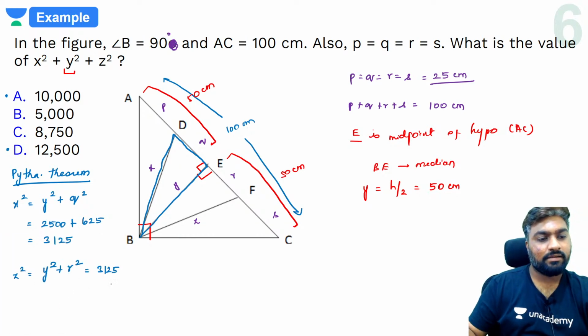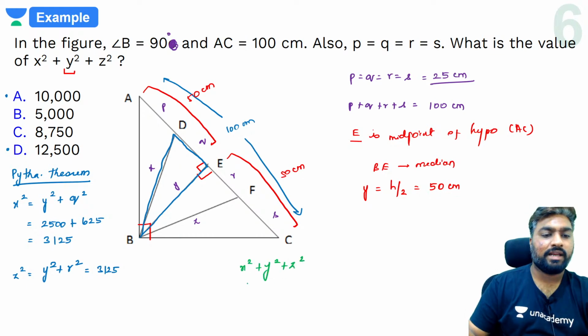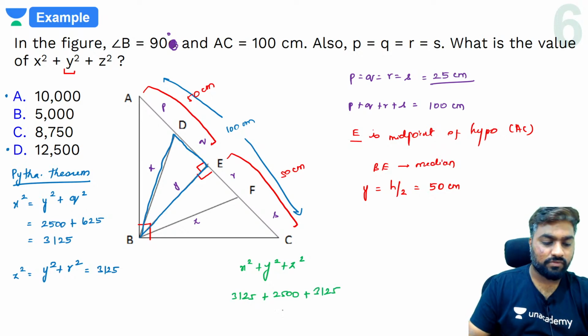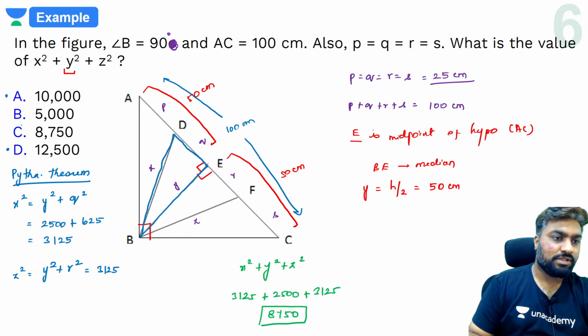So ultimately x square plus y square plus z square क्या होगा? x square is 3125, y square is 2500 and z square is 3125. ठीक है, so this is 6250 plus 2500, 8750. Option C is your actual right answer, not A, not D.